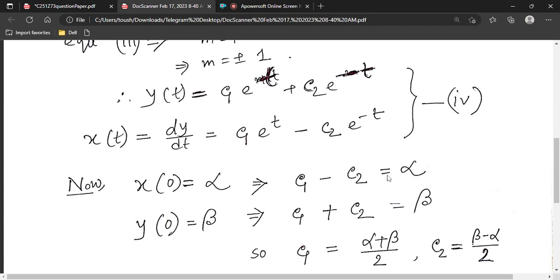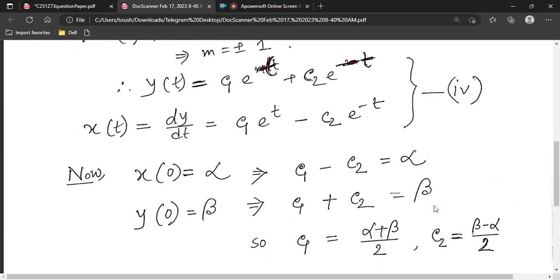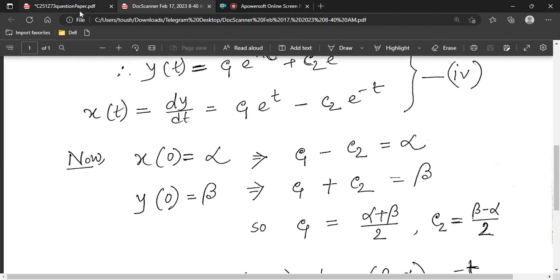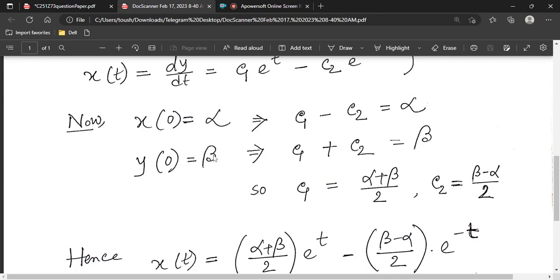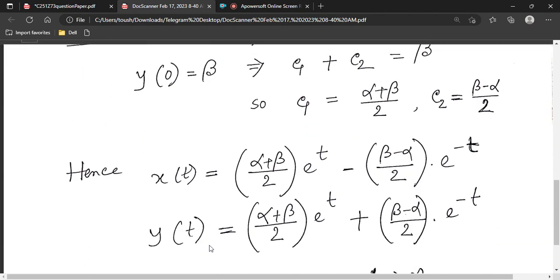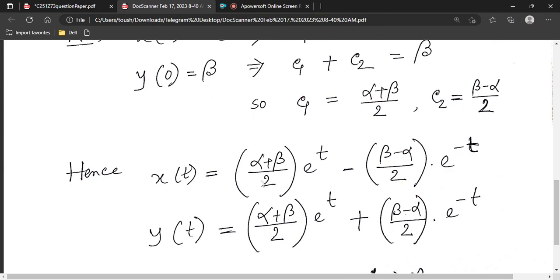So c1 - c2 will be alpha and c1 + c2 equal to beta. Then if you add these two equations, you will get c1 and then also c2. Now you have the complete solution x(t) and y(t). See, x(t) will be this, and in place of c1 you will put (alpha + beta)/2, and also y(t) you will get, right?